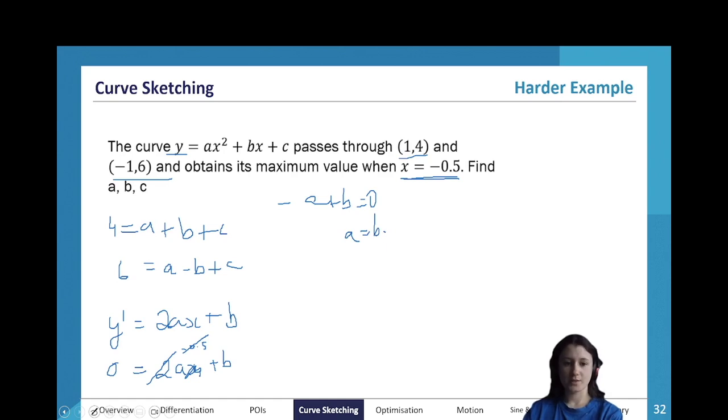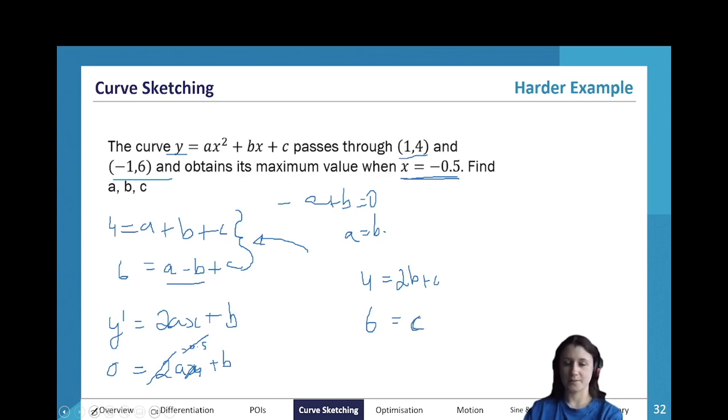We can use this to substitute back into these 2 equations here. So given that a equals b, we can have 4 equals 2b plus c. 6 equals a minus b plus c.